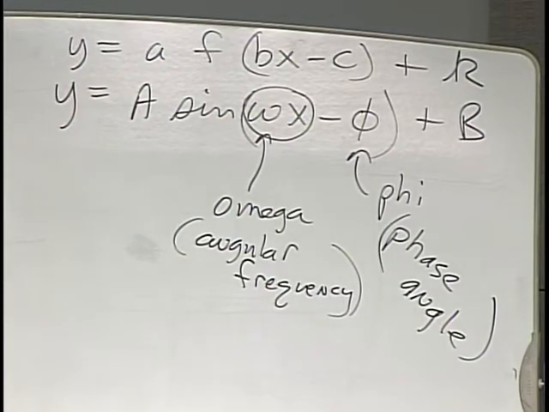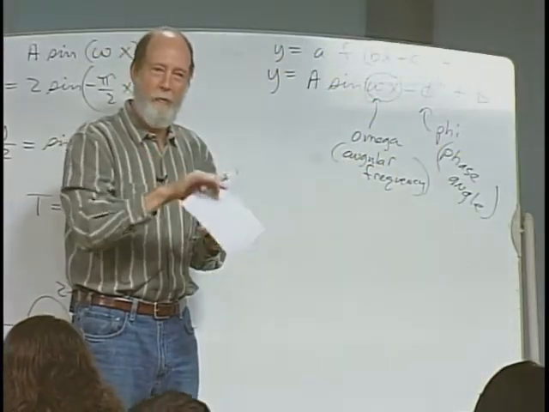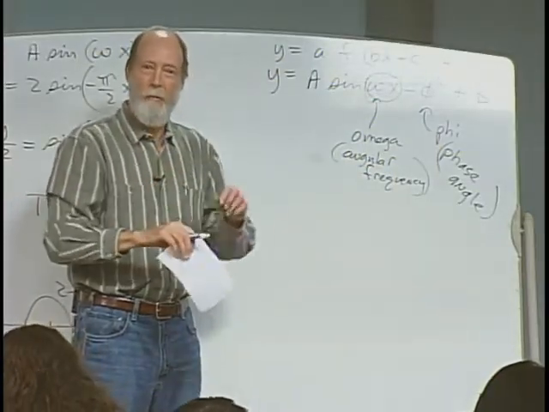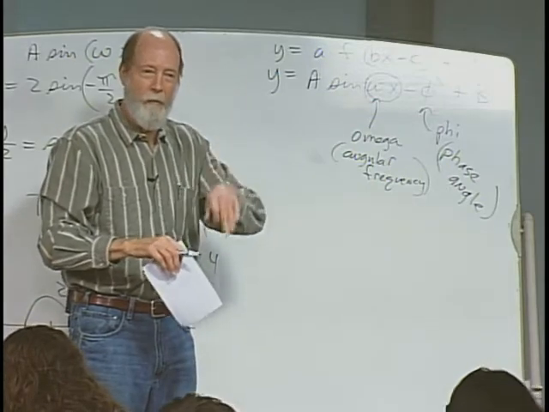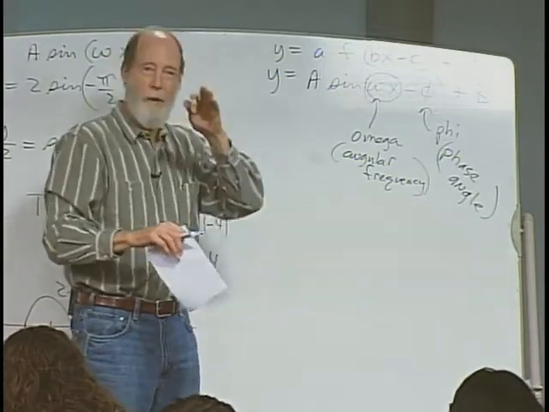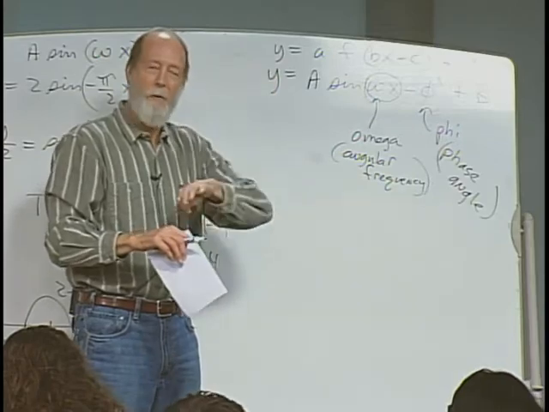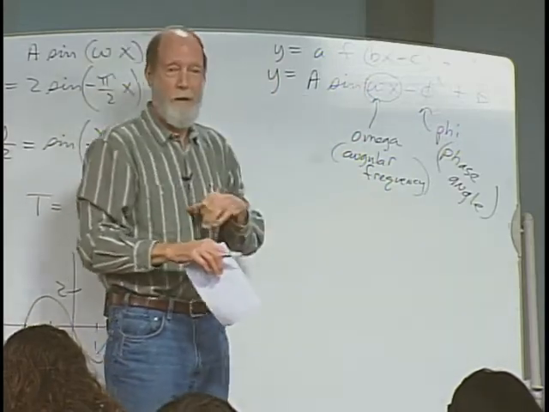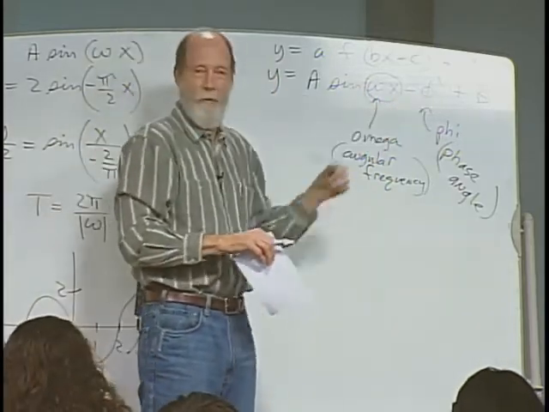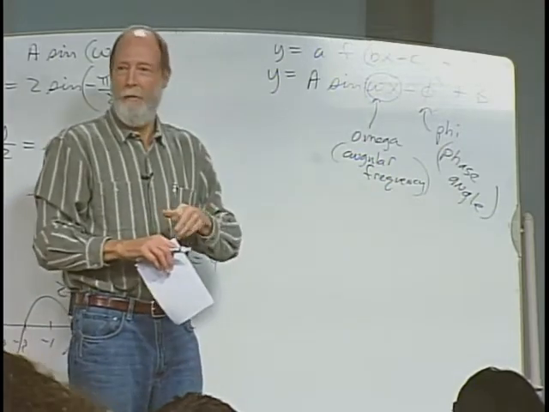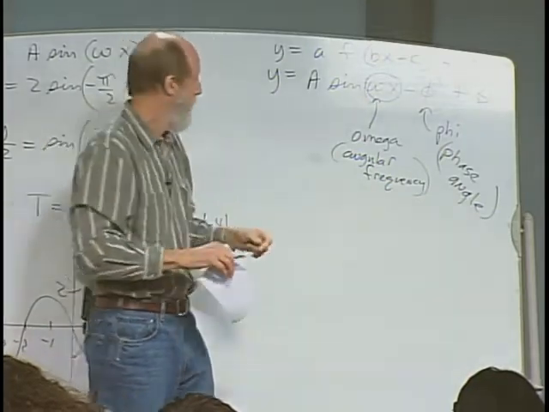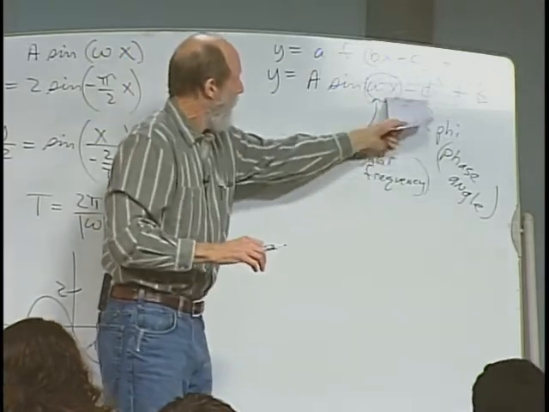That's not too important unless you're going into an area in electronics or vibrating systems, or possibly in population cycles. Anything that follows sinusoidal modeling, that does have some importance, but primarily in electronics and in vibration theory kind of stuff. So I just want you to be aware of that as a word.